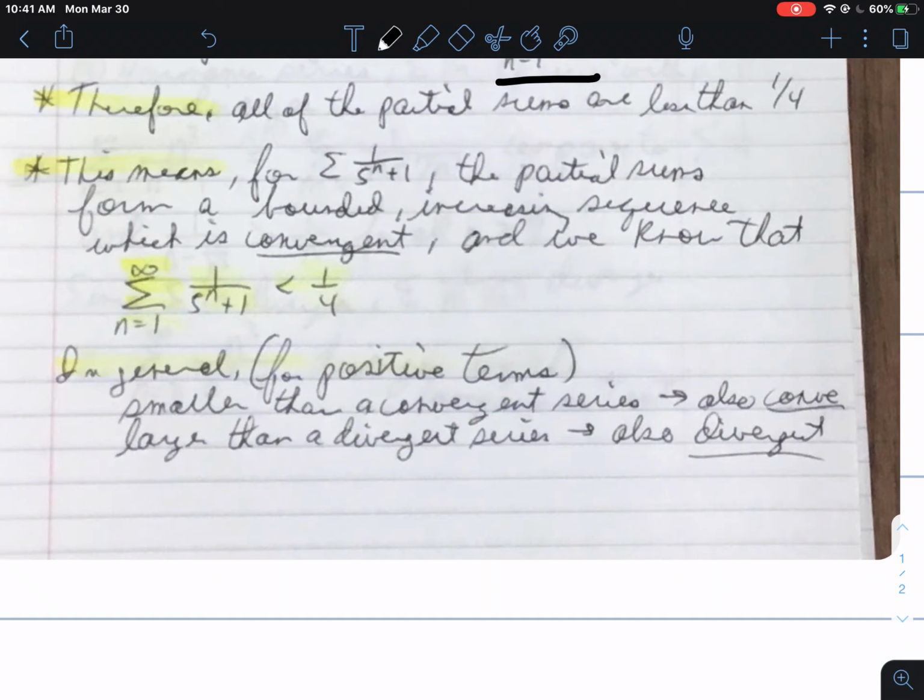Right. Now again, remember, since I'm comparing it to the series 1 over 5 to the n, 1/4 is the sum of that series. We know that the sum of our series is smaller than that. Right? So I still don't know what the sum of my series is, but at least I know it's less than 1/4. Now again, all we're going to be interested in is determining convergence or divergence.